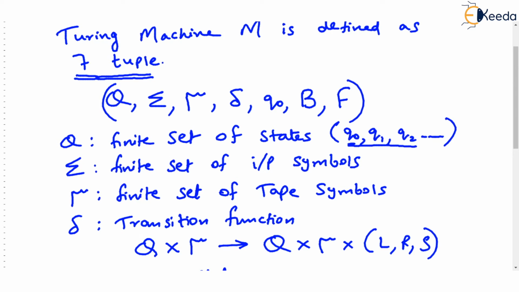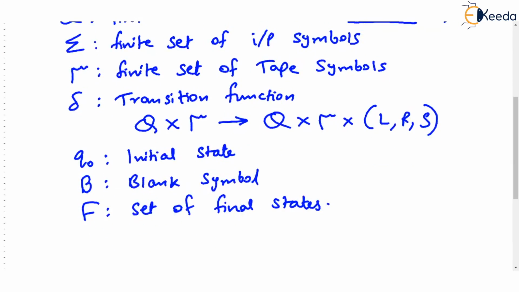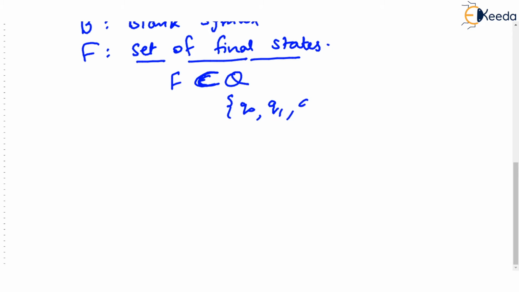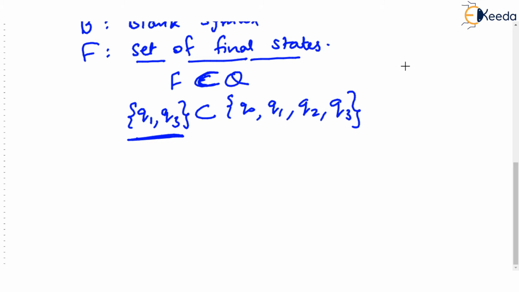Then this F, the capital F that we have written, is the set of final states, and you will fully agree that this F will be a subset of Q. Like if Q is Q0, Q1, Q2, Q3, these are the 4 states, then F might be Q1 and Q3. That means there are 2 final states or 2 accepting states in the Turing machine.